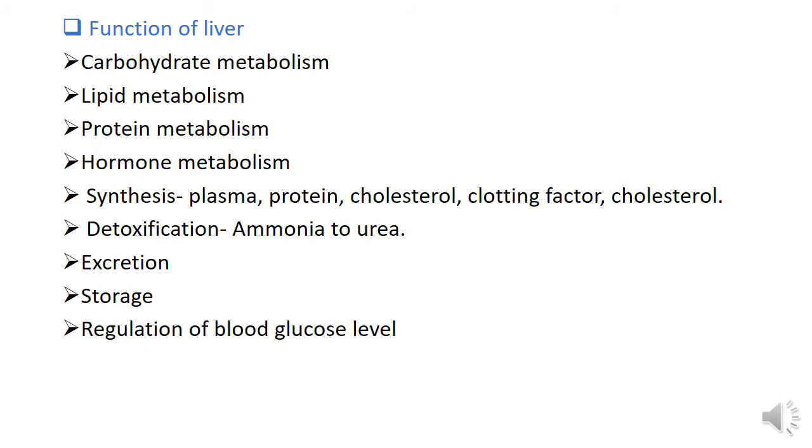Then next important function is regulation of blood glucose level by hepatic glycogenesis and gluconeogenesis. All these processes take place in the liver, so that's why the liver is very important.